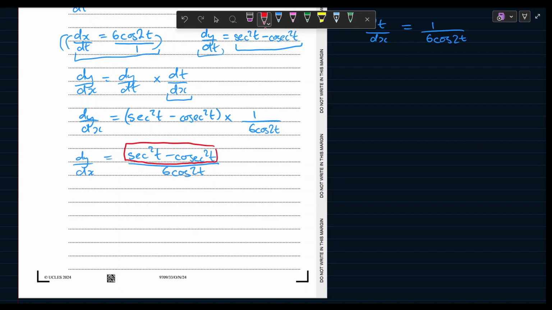We can rewrite sec squared t as 1 over cos squared t, minus cosec squared t, which can be written as 1 over sine squared t. So in other words, we can combine our numerator to become sine squared t minus cos squared t over our common denominator, which would be sine squared t cos squared t.